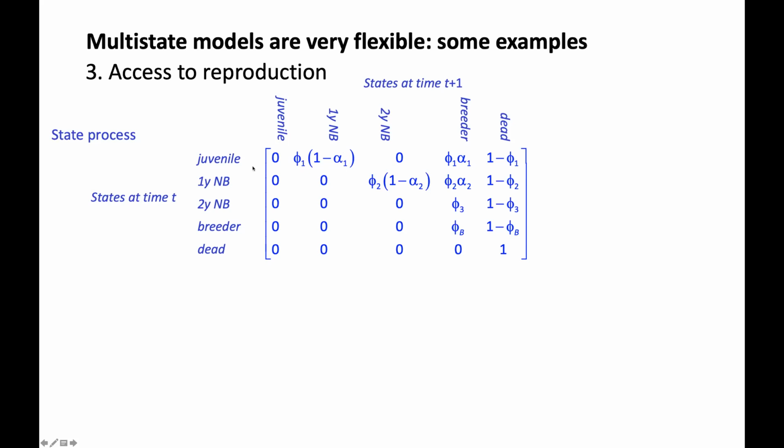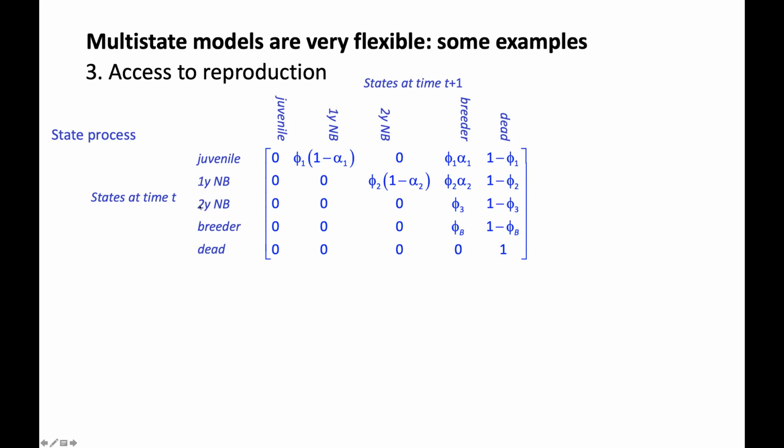There is a fraction of these juveniles that won't reproduce, and the complementary fraction, alpha 1, which will reproduce. So it's not full reproduction at age 1, but some of them will. And same thing for the 1-year non-breeder individuals. They survive with some probability. Some of them will reproduce with alpha 2 probability, and some of them will not.